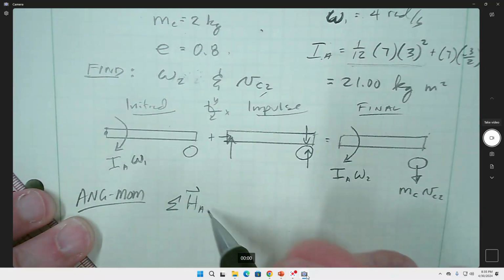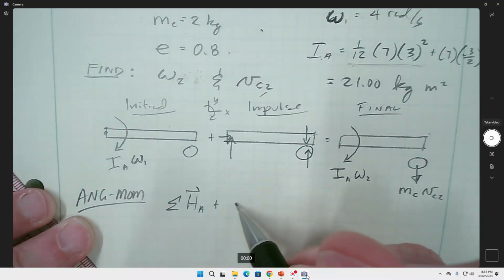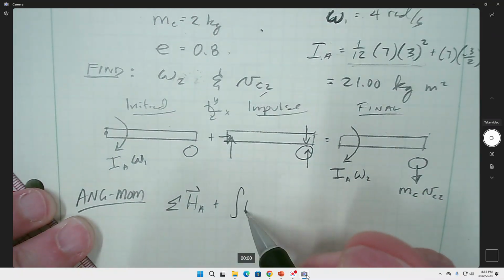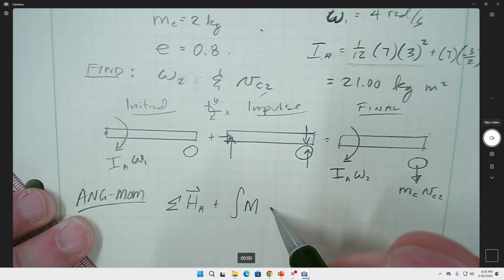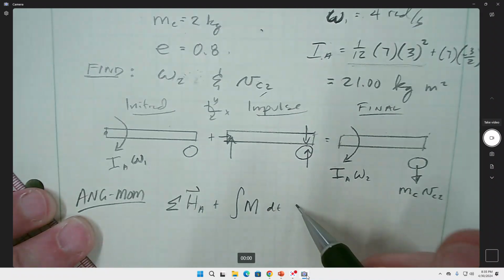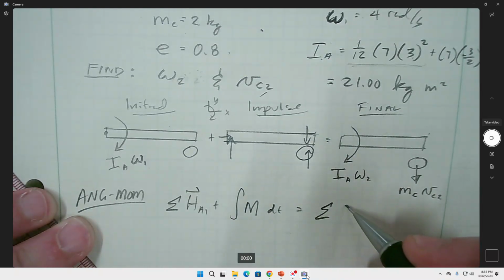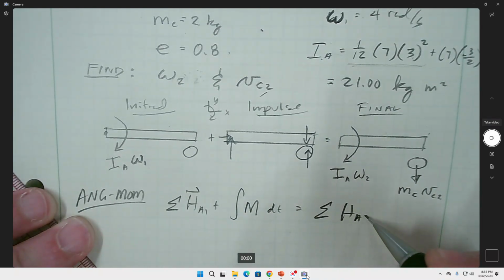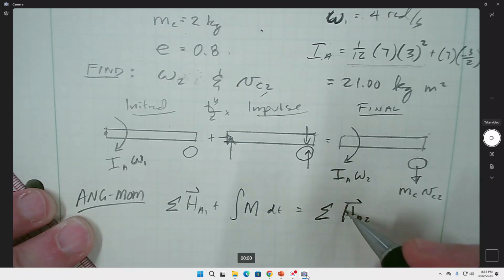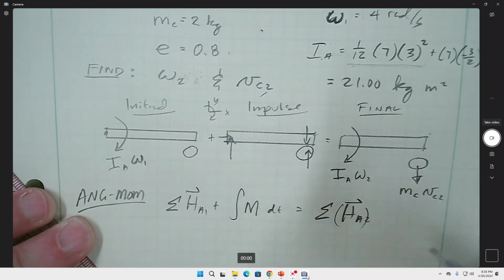H_A plus the integral of M dt equals the summation of H_A2. Guess I can put parentheses there. This doesn't matter. Okay.